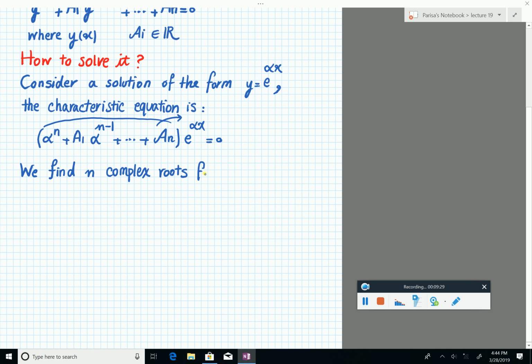If you consider real numbers to be a special case of complex numbers, then you can say that we find n complex roots for alpha, which may be repeated. So we have alpha 1, alpha 2.